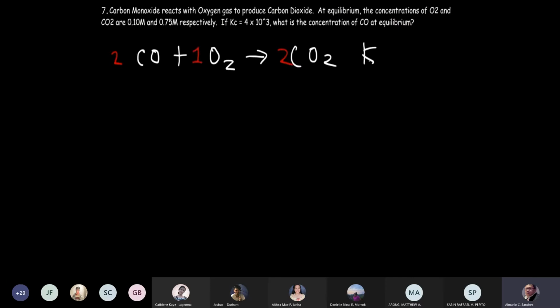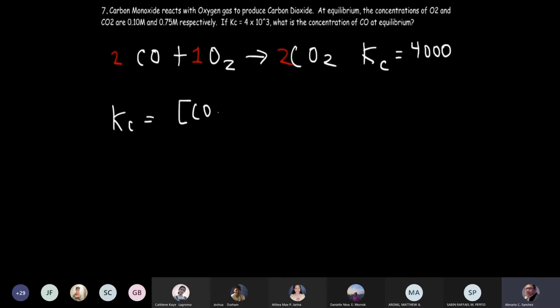And so we have Kc for this reaction. 10 to the third is 1,000, so this is going to be 4,000. Now, we have the concentrations of O2 and CO2 at equilibrium, so we don't need an ICE table to find the equilibrium concentration of CO. Let's write the expression for Kc.